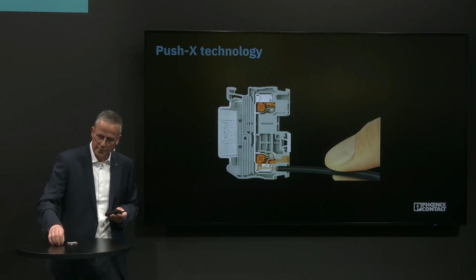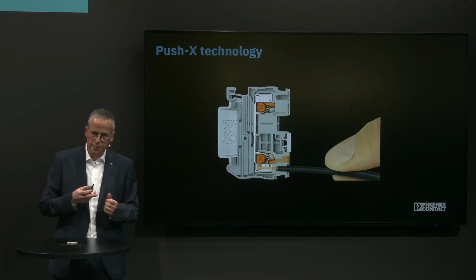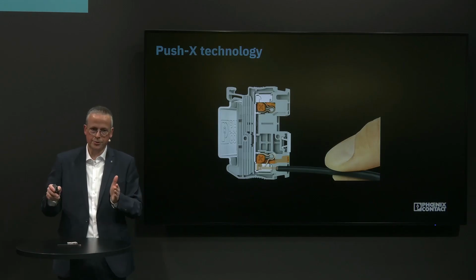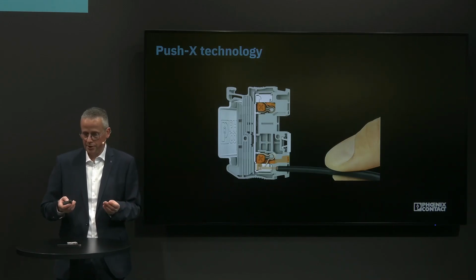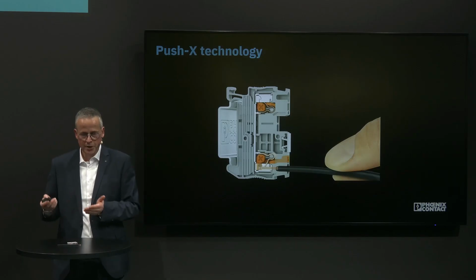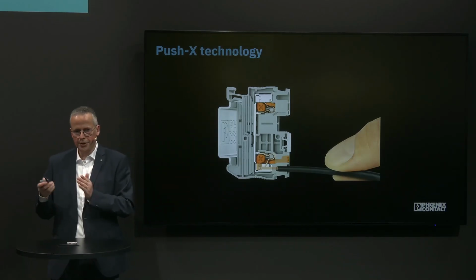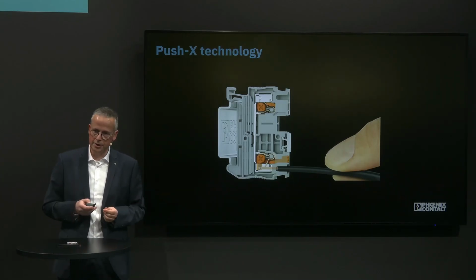And on the other side, why don't customers use the ferrule? It's nearly the same. Everything I explained before is a process. You have a crimp machine, you have a ferrule, so you have the components in your factory, you have a process in your factory, and this is an effort. And if the process is not really working well, then you can have failures in the connection, and then you have a big problem.